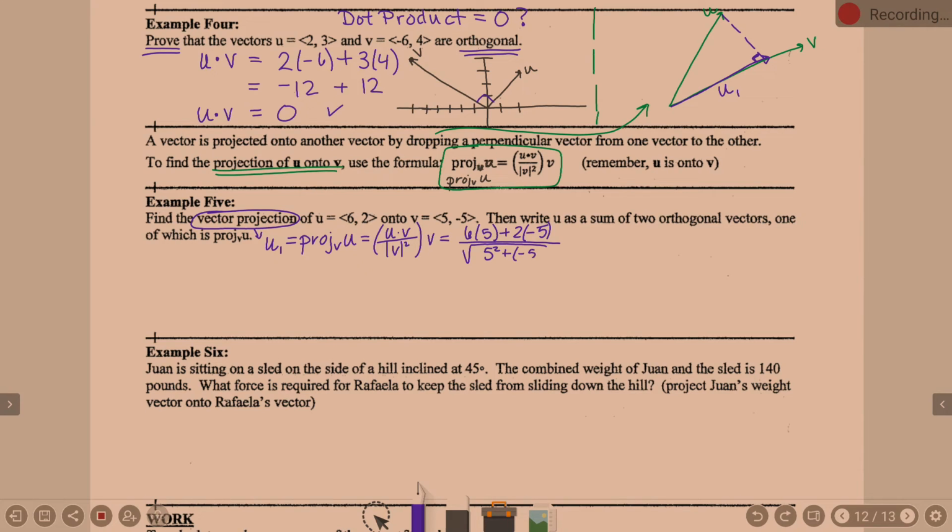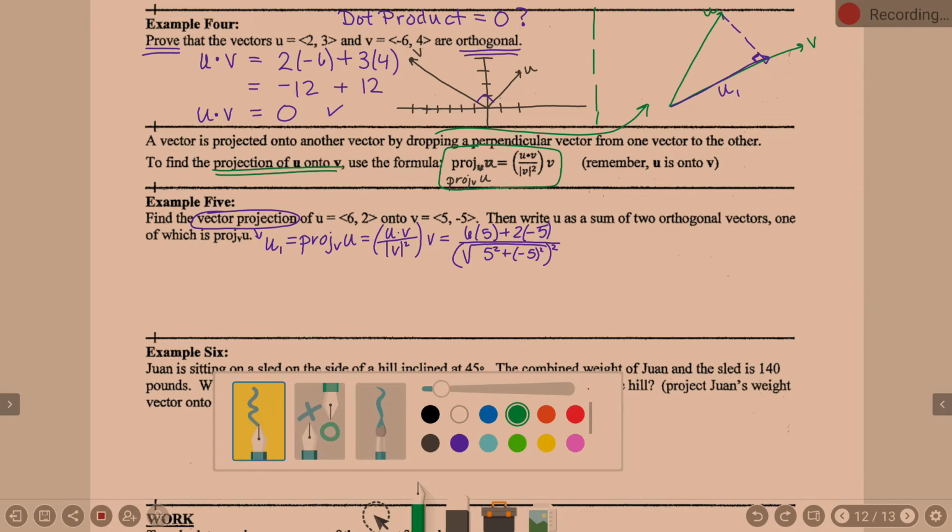Oh, the squares. That's what I forgot. I know, that's why I said you're almost there. You had the right idea in your mind. So the absolute value of v, the length or magnitude, is the square root of v1 squared plus v2 squared. And then what are we supposed to be doing with this? We're squaring it. So we're going to square the square root. And then the other piece is times v, right? Times v afterwards.